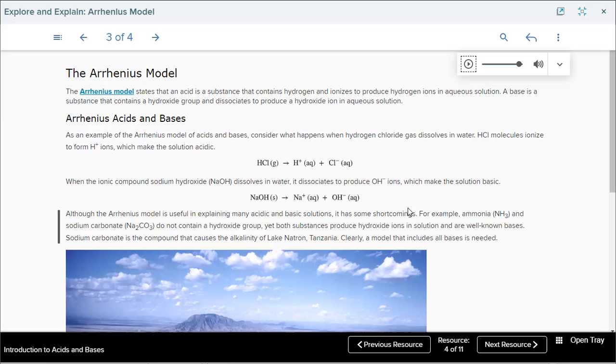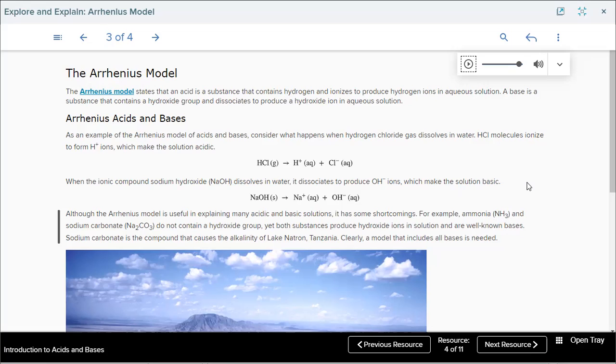Arrhenius theory didn't explain the nature of ammonia NH3, whether it is an acid or a base, because according to Arrhenius, if any compound dissociates in water producing positive hydrogen ion, it will be an acid.